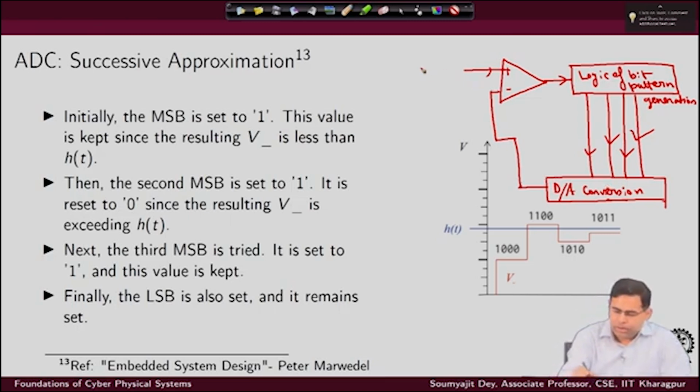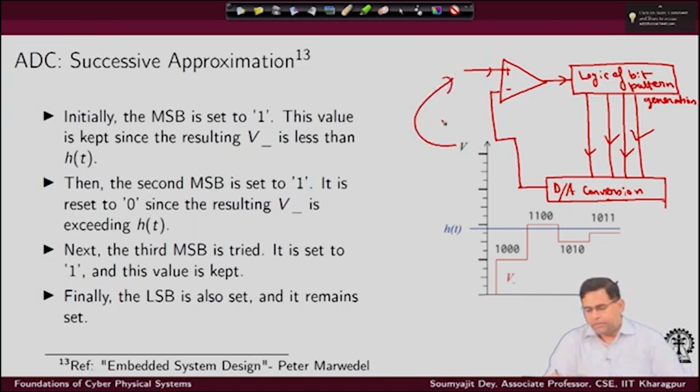So you have an operational amplifier working as a comparator here, and you are taking the decision whether to set or unset the current bit, and moving on to the next decision in the bit pattern generation logic. The important thing to note here is that we are using a D2A chip inside anyway, right? That's an easy thing to implement.